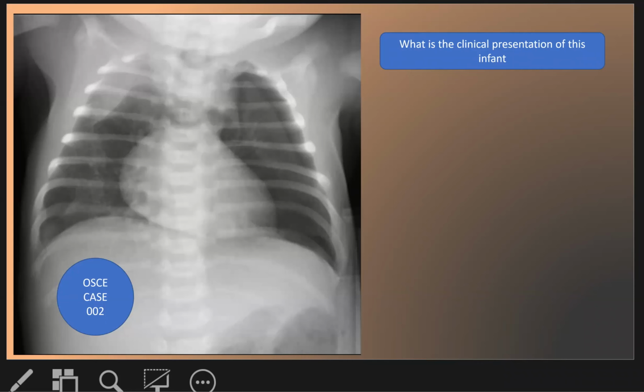Okay, what is your diagnosis? As we see here in this chest X-ray, we have two findings. We have a left-sided pneumothorax, as we see here in the left side, and some collapse of the left lung, and some of the pneumothorax also under the surface of the left lung.